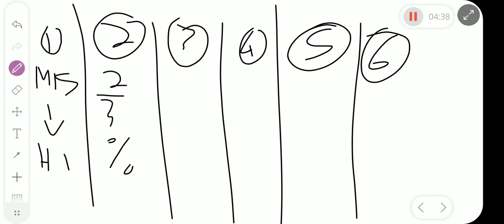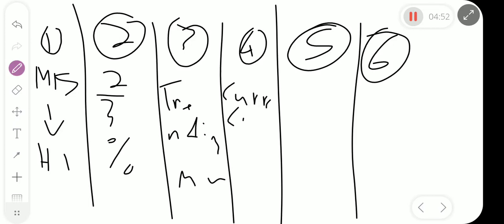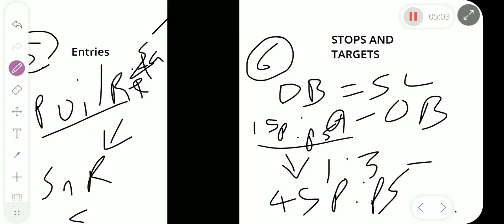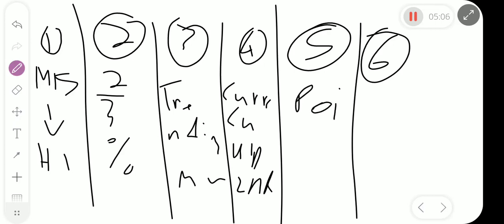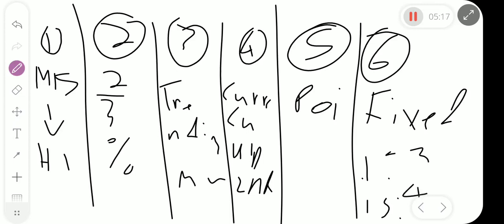And then next we're going to choose a trending market, and then we are going to trade currency. We're going to trade USD ZAR. And then when it comes to entries, POI, targets, fixed targets and stop losses. 1 is to 3, 15 is to 45.